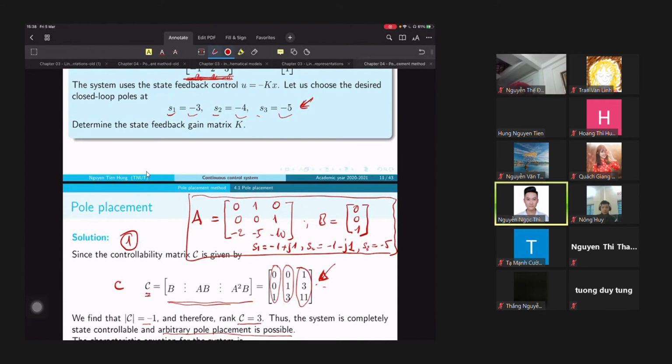Sir, just do it by hand and please check it in the group. Okay. So this is okay. I'm not sure yet, I hope it's correct. Let me check with MATLAB.